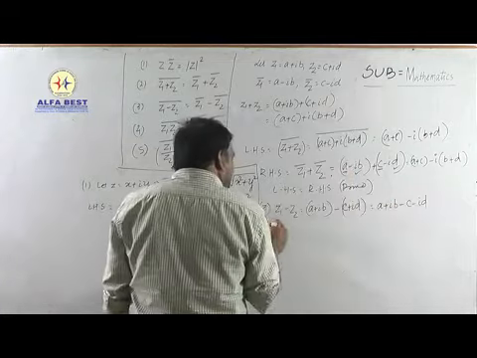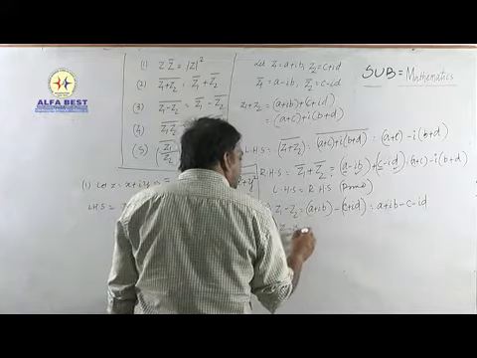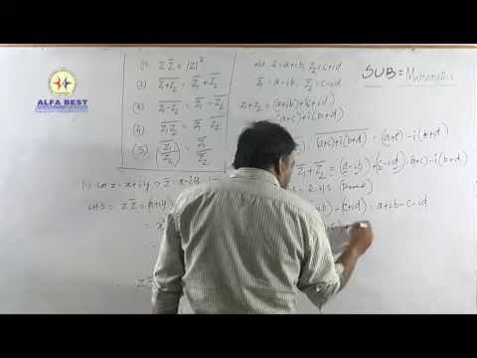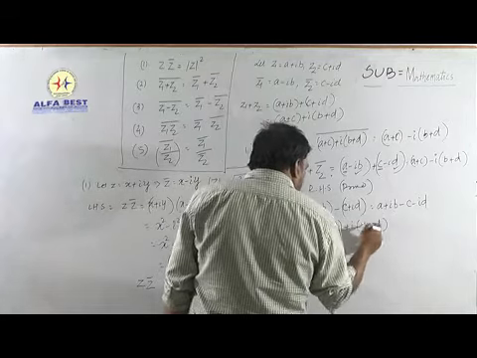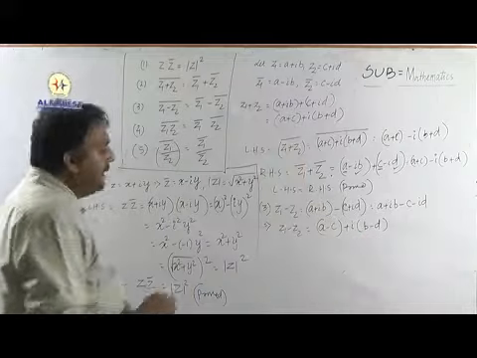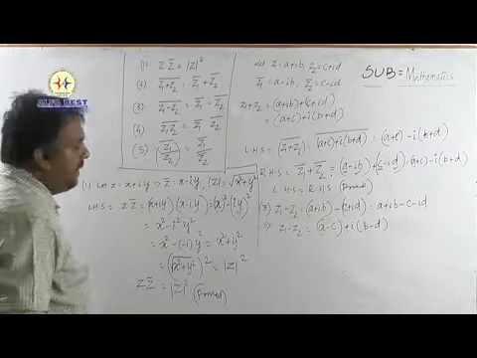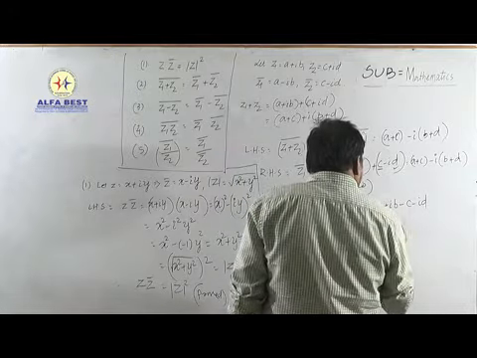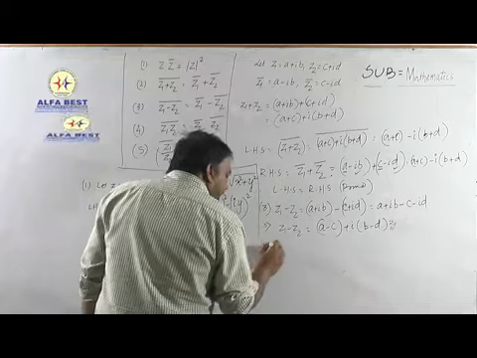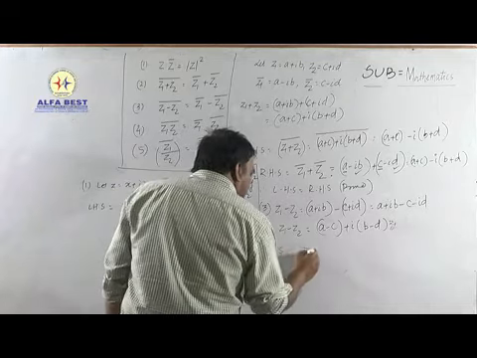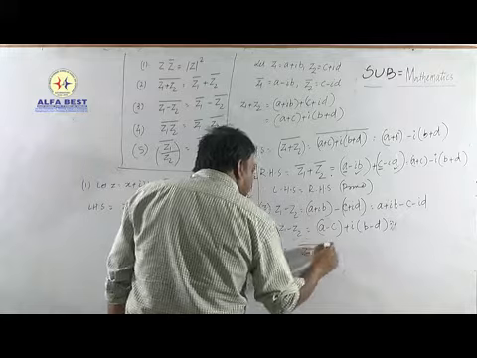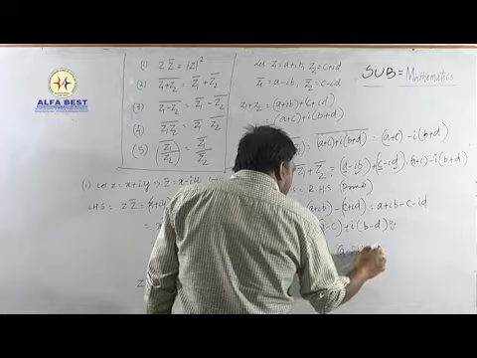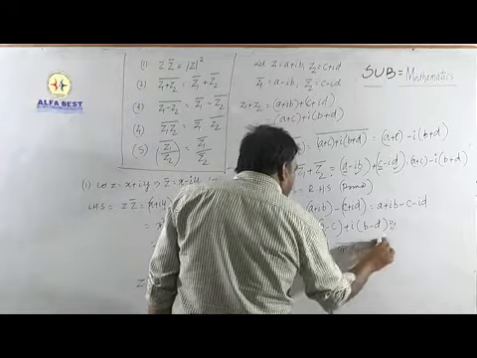So this implies Z1 minus Z2 is equal to A minus C plus I into B minus D. This is your Z1 minus Z2. So we will find its conjugate. So this implies LHS is equal to Z1 minus Z2 whole conjugate. This is equal to A minus C plus I into B minus D whole conjugate.